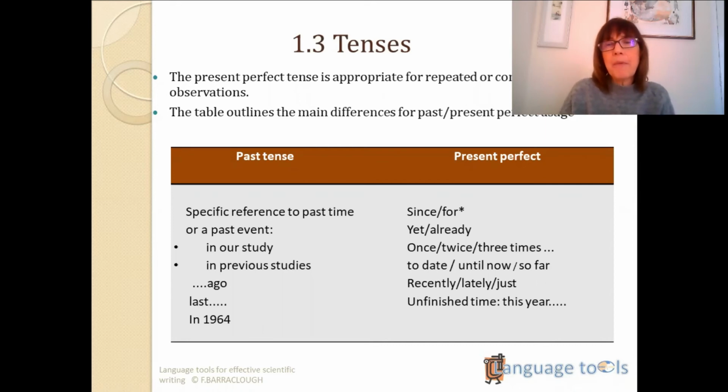Whereas the present perfect, when the time is unfinished, or it continues up to the future: since, for, yet, already, once, twice, three times, to date, until now, so far, recently, lately, and just, and unfinished time, for example, this year. So here you have a table for your reference.